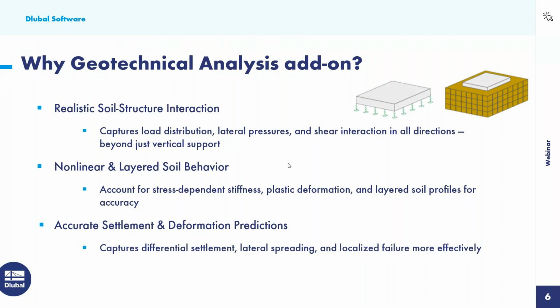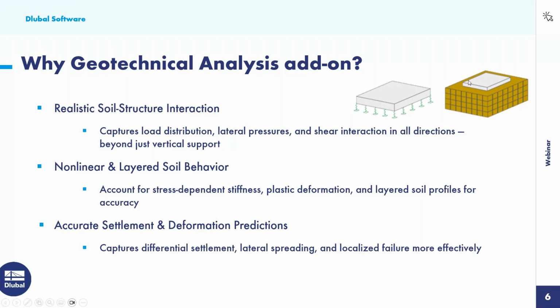So we can account for the soil's stress-dependent stiffness, the plastic deformation, and the layered soil profiles for just better accuracy. We can also accurately predict topics like settlement and deformation. With the soil solid, we can capture differential settlement, lateral spreading, and localized failure much more effectively than this simplified approach.